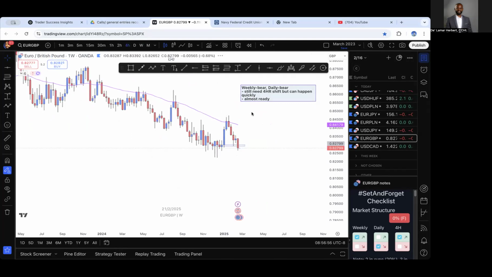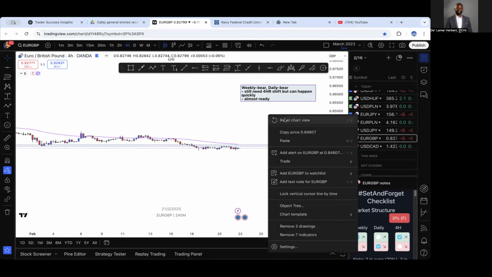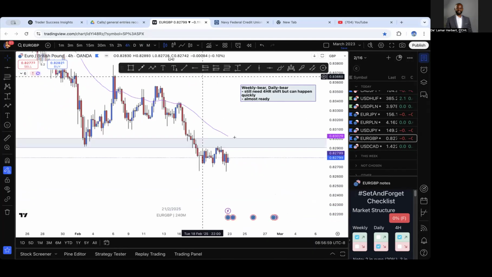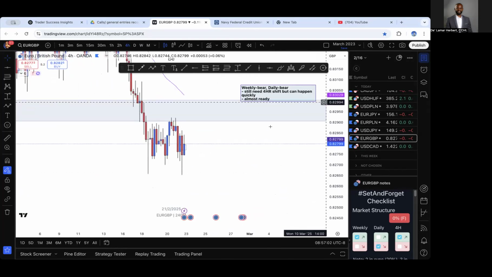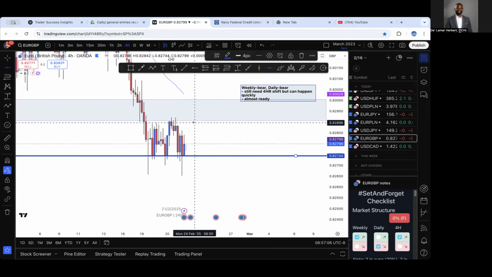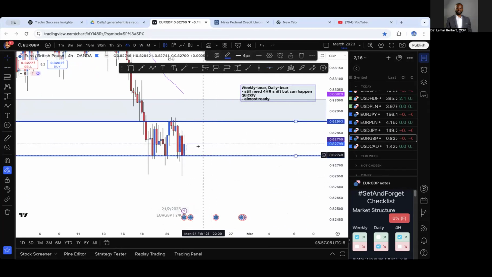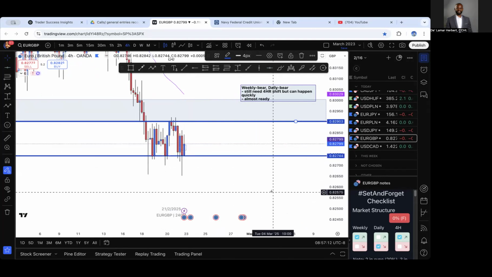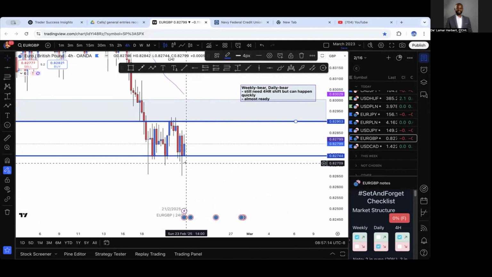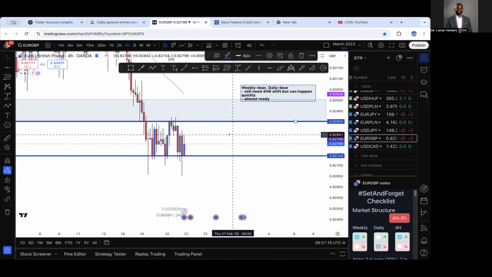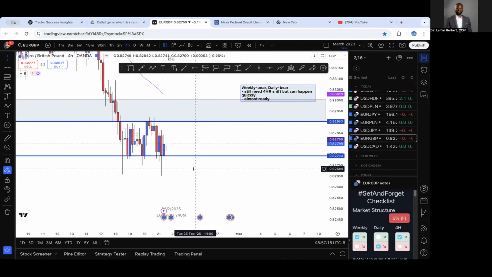We still need to see a 4 hour shift, because technically we're still bullish on the 4 hour here. So once we see that, but see, it's so close. Can this happen within a day? I think so. I think it could.